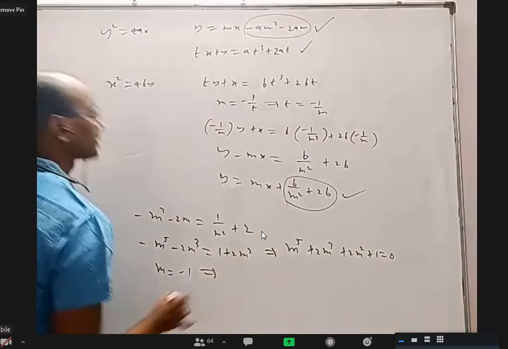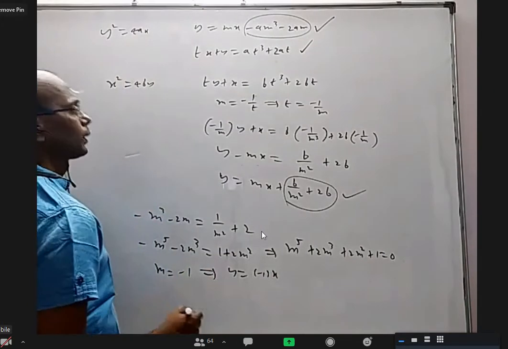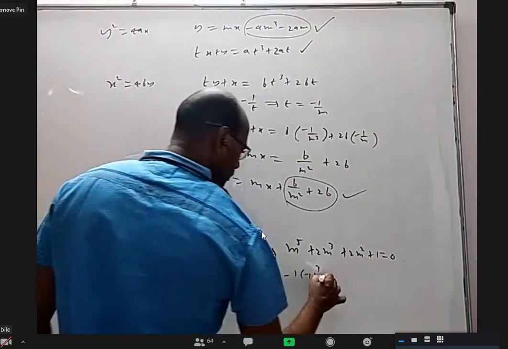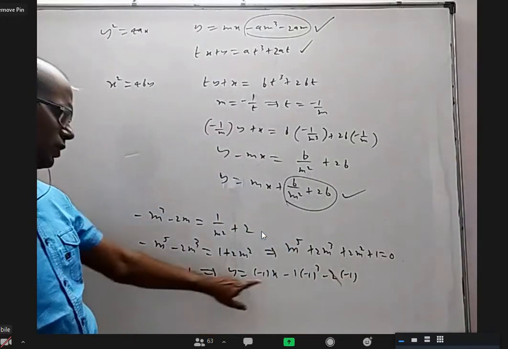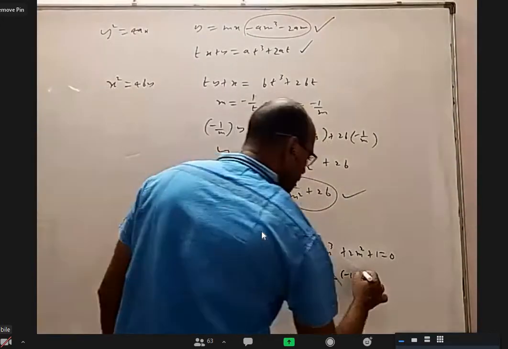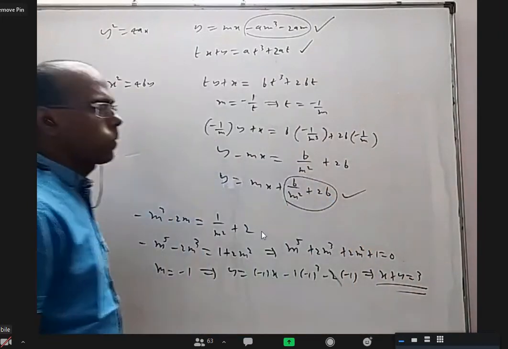So m equal to minus 1 means you will get y is equal to minus 1 into x minus 1 into minus 1 whole cube minus 2 into minus 1. This is x plus y. This is plus 1 plus 2. x plus y equal to 3. So x plus y equal to 3.